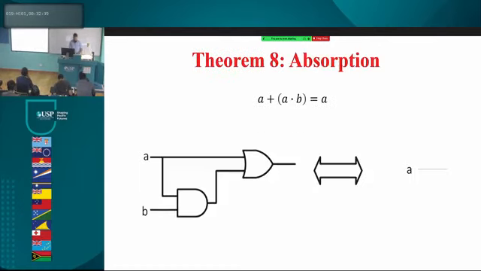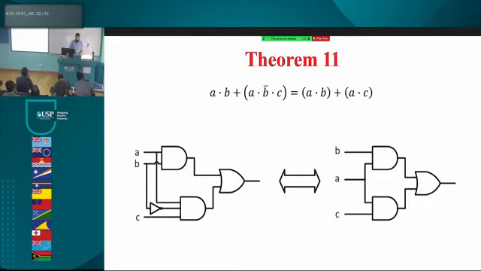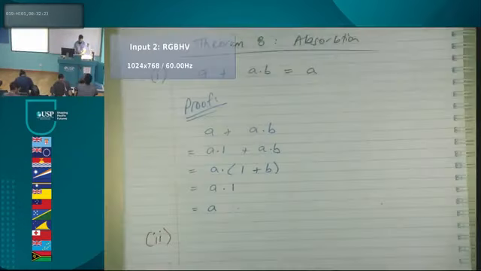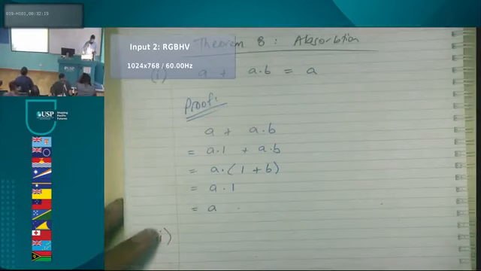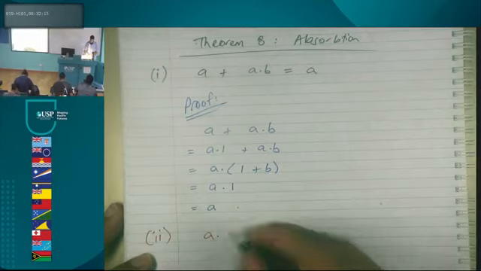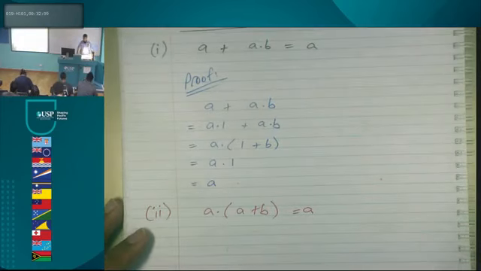Okay, absorption. There is another version of absorption which is not on the slide. Another version of absorption is A and A or B is equal to A. All right.